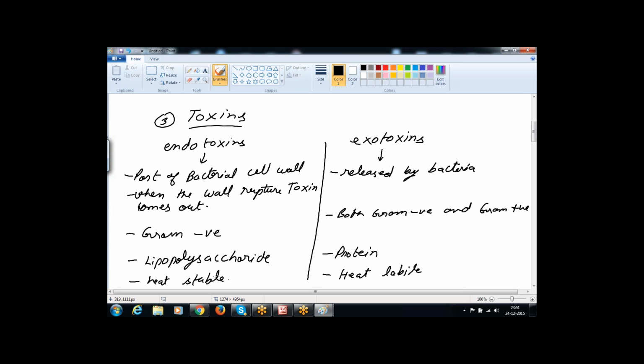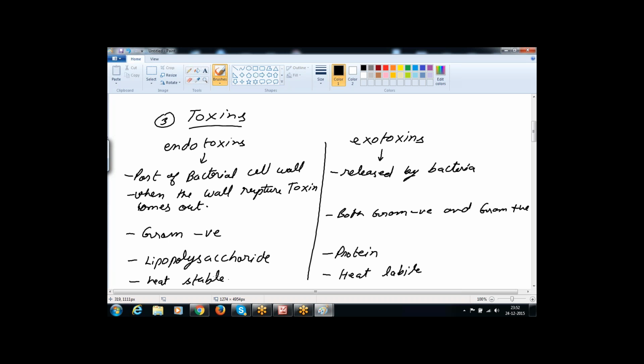When you heat it, the protein will get denatured, it will coagulate, and it will not function. So that is the whole story behind cooking. Before eating, we nicely cook the food. Why? Because if any exotoxins are there, those coagulate and become ineffective. So if we nicely cook the food, we should not be afraid of exotoxins.